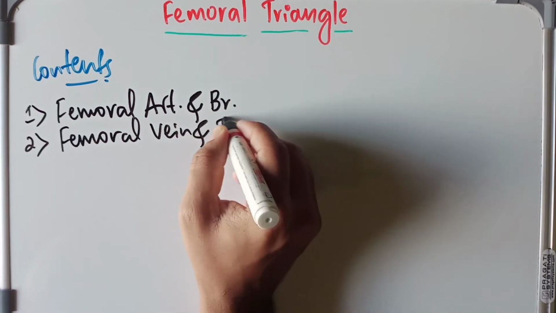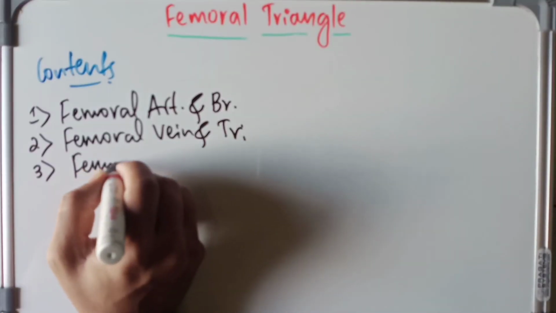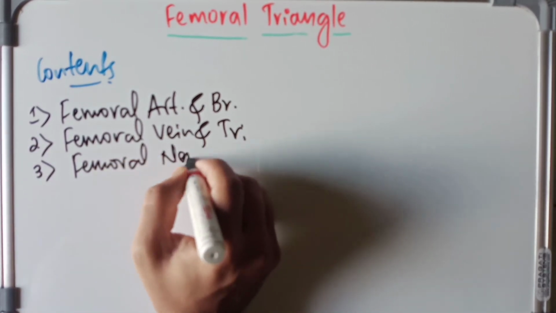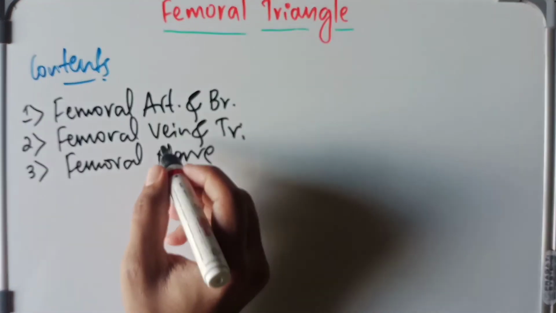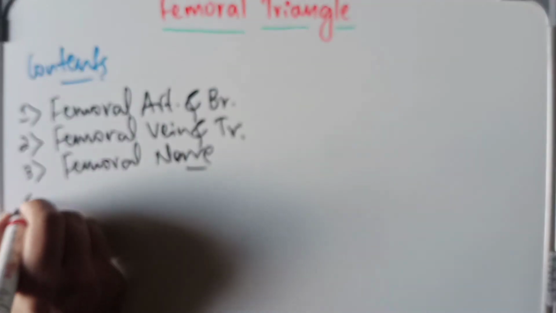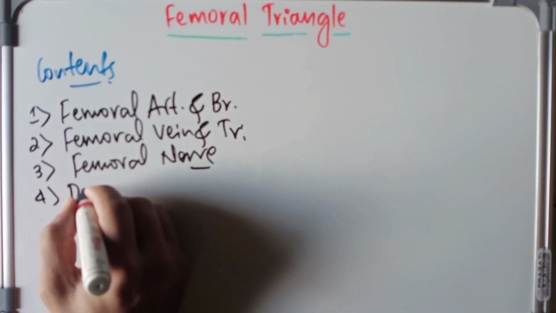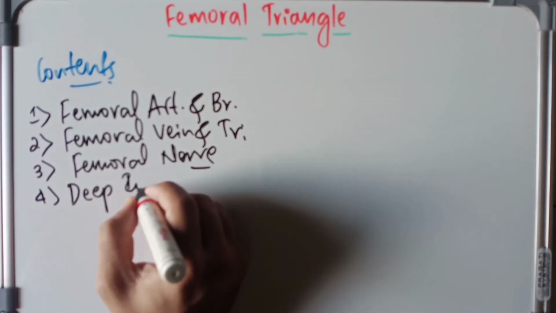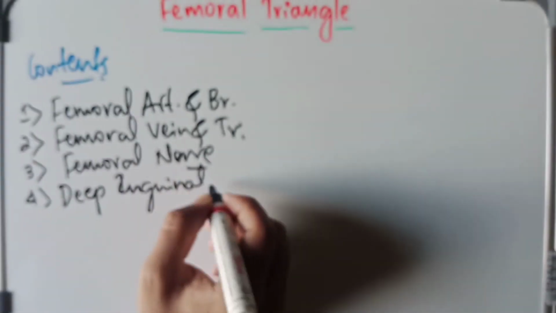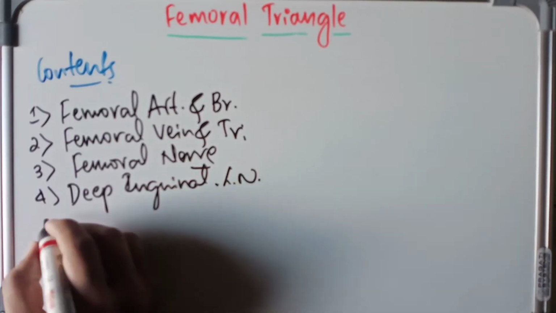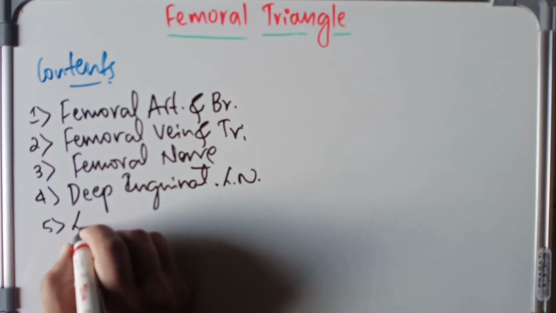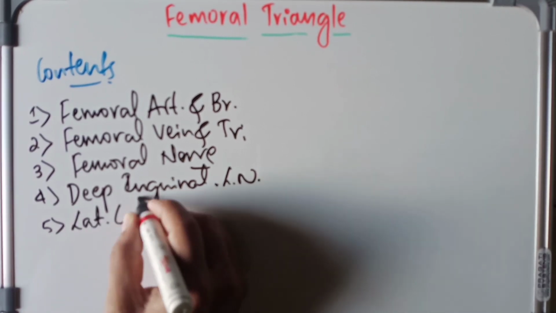And the third thing is the femoral nerve. It is very easy to remember: femoral artery, vein and nerve. It also contains deep inguinal lymph nodes.